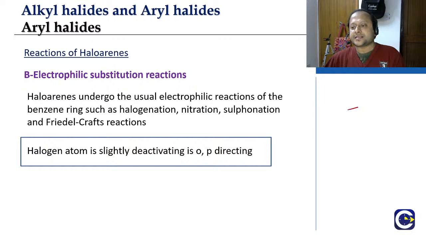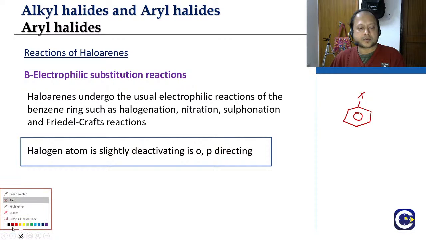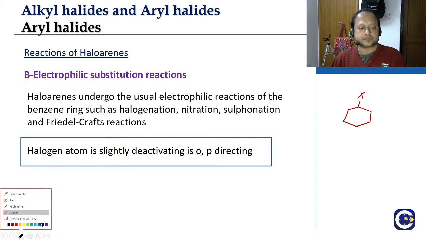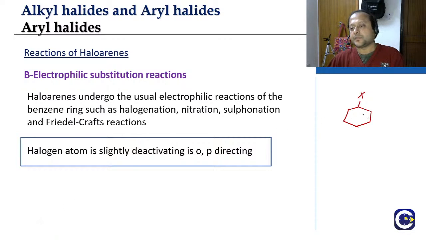What happens? These halobenzenes show a plus R effect. So if I remove the circle, we do see a plus R effect, but at the same time, this being an electronegative atom, it also pulls electron density towards it with the help of the sigma bonds, which means minus I effect.